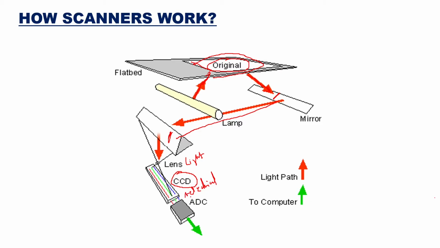Then that analog will be converted to digital by an ADC, that is analog to digital converter, and then it is given to a computer, in which it can be stored, viewed, and edited. So this is how a short principle of working of scanners has been told.